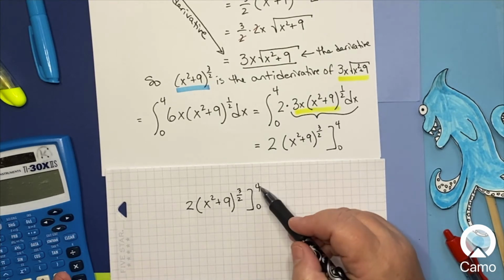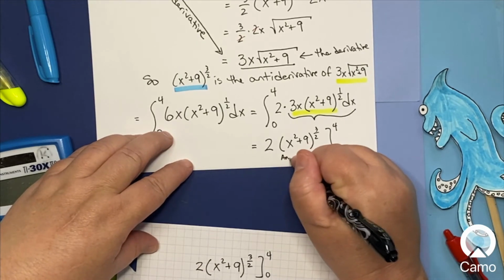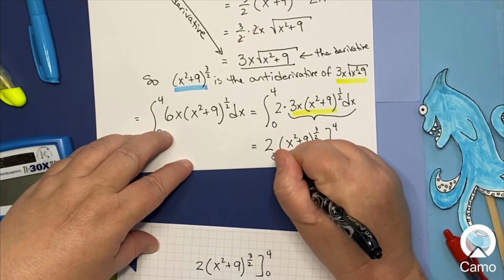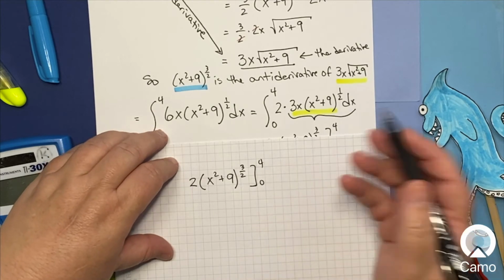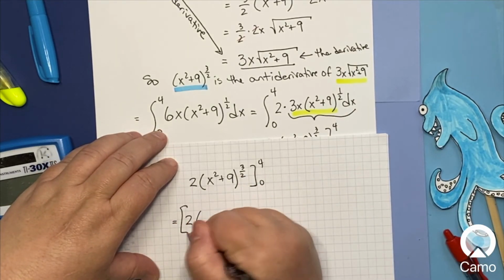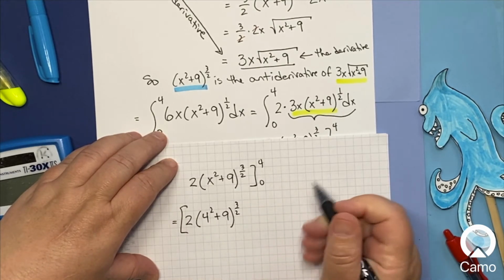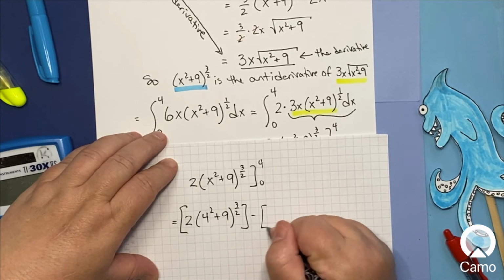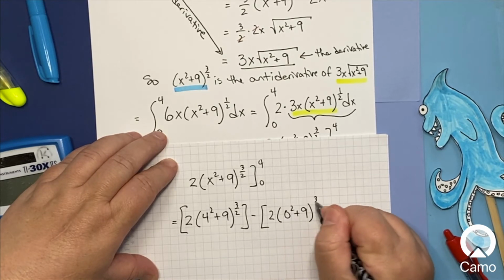Okay, now I just need to apply this antiderivative. So we apply this and we look at 4 and at 0. So I've got 2 times 4 squared plus 9 to the 3/2, that I stuck in 4, minus 2 times 0 squared plus 9 to the 3/2.